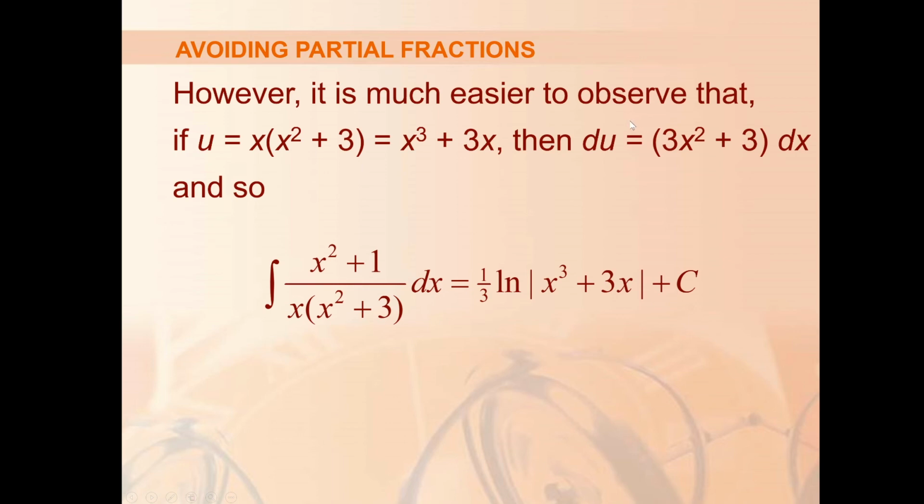And then du will be 3x squared plus 3 times dx. So take the derivative implicitly. And then this one can be found by using the u substitution, so integrating it, we do have 1/3 natural log of absolute value of x to the power of 3 plus 3x plus constant c.